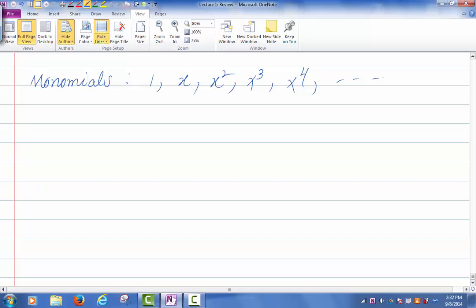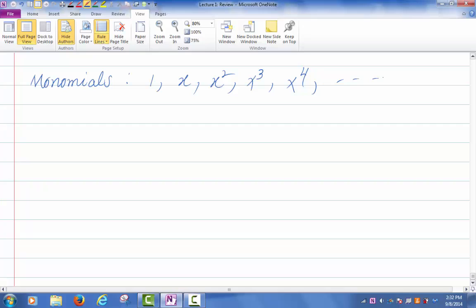So those are called monomials. These are the simpler polynomials, and they are also polynomials. Mono simply means just one term.